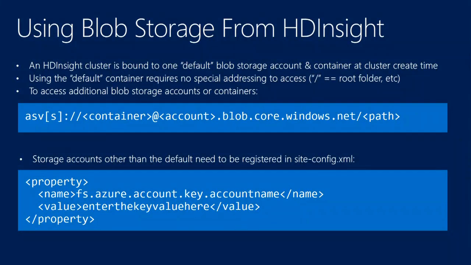There's two parts to the Hadoop world. If you really want to be a Hadoop expert, there's hundreds of config files on the cluster that you can go play with and set a bunch of things. In HDInsight, we're trying to make it so you never have to do that. When I created the cluster and pointed it at the storage account, this entry was put up in my cluster for me, and so now I never have to take care of that.